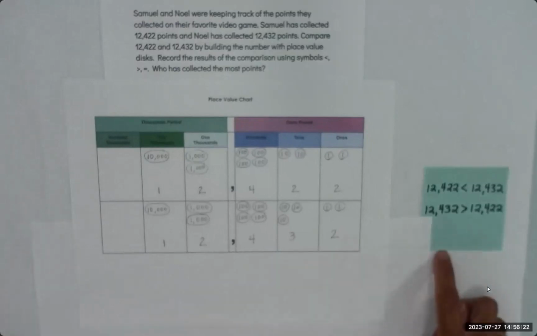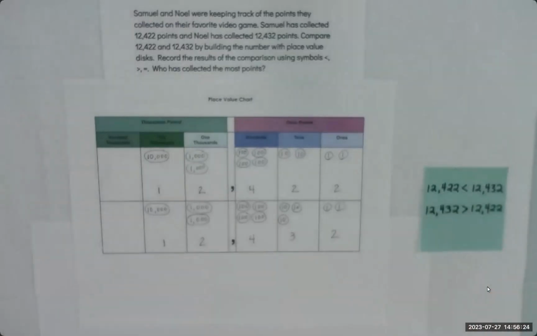And so you might see them doing the same work, but without the actual concrete materials. So it's the same result, it's just pictorial. Now, students may also, as they move away from the place value chart, write numbers more abstractly. So they may actually expand these two numbers and compare them by place value in that manner.